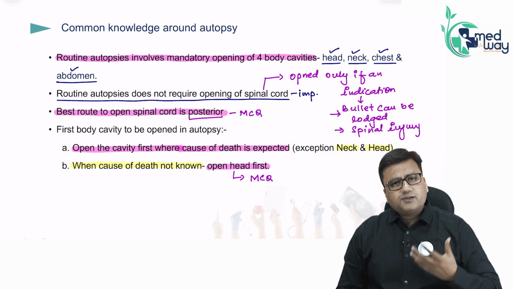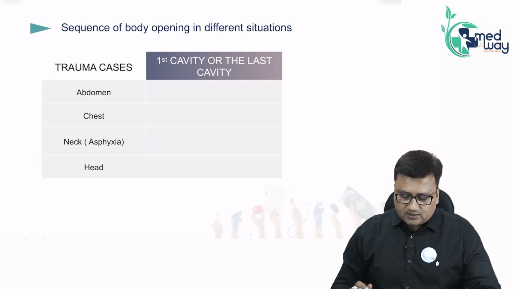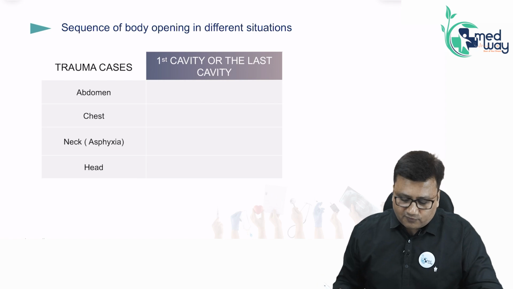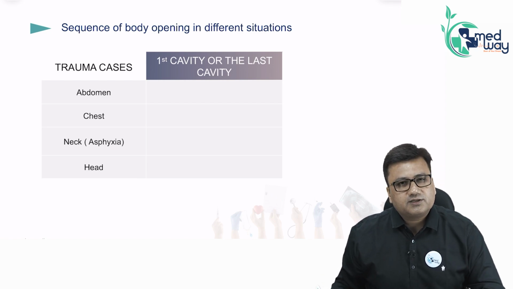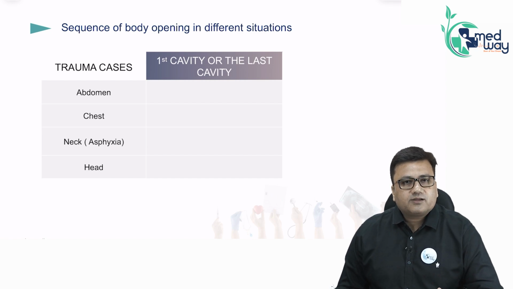To simplify what I have said in these two lines, let us understand this table. This table shows the sequence of body opening in different situations. Let us see what happens in trauma cases.